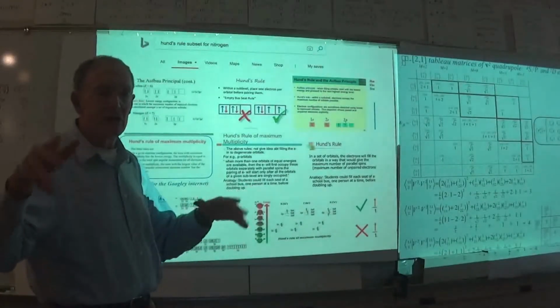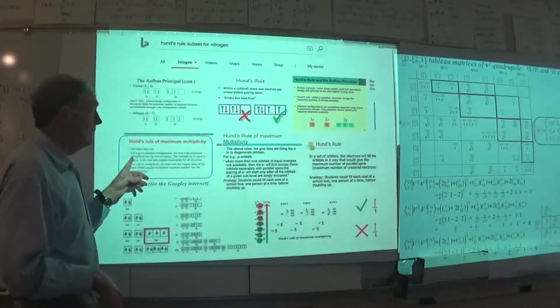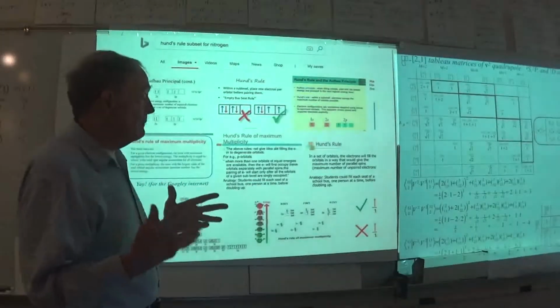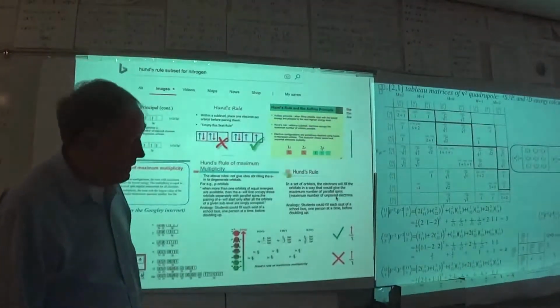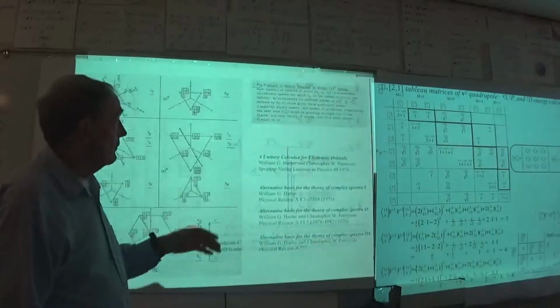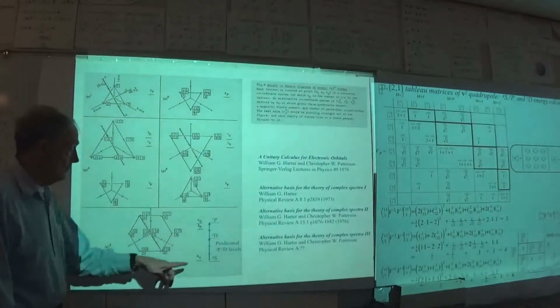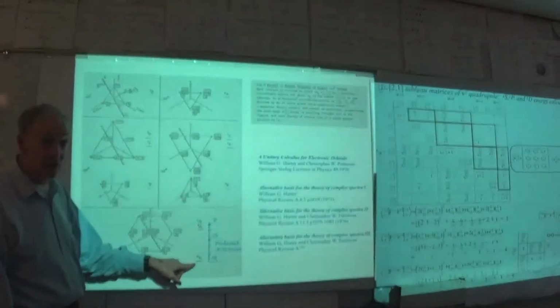Sort of hand-wavingly. The hand-waving for the first one is that if you're most anti-symmetric, which we are, this is something I haven't done much with, but here we are. This is the quartet, highest multiplicity, right?